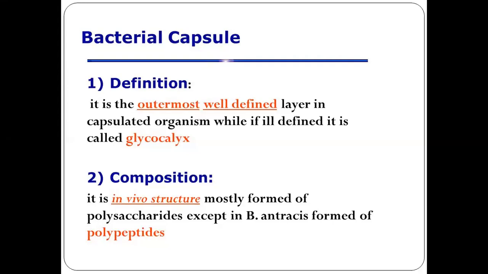It is an in vivo structure mostly formed from polysaccharides, except in Bacillus anthracis, where it is formed from polypeptides. Please mention these points in your notes. All bacterial capsules are made up of polysaccharide, except Bacillus anthracis, which is formed of polypeptide. That means it's a protein capsule.